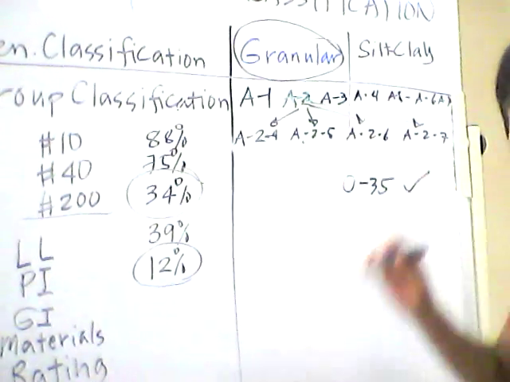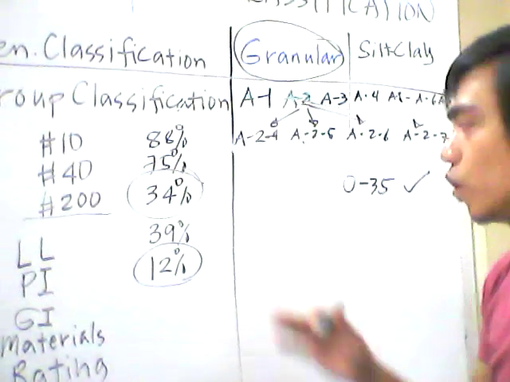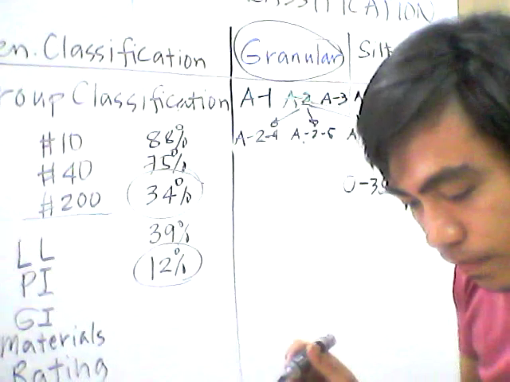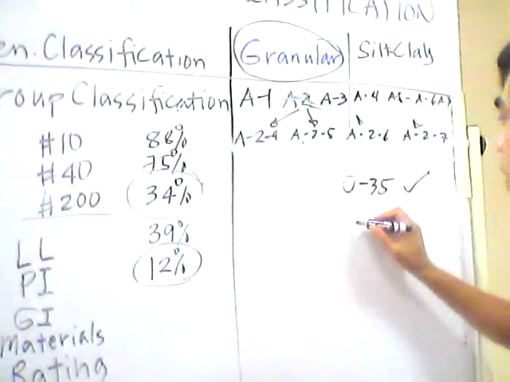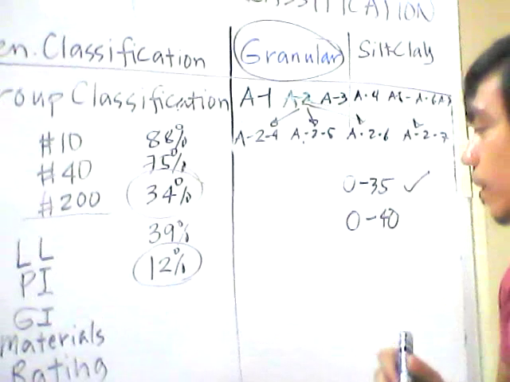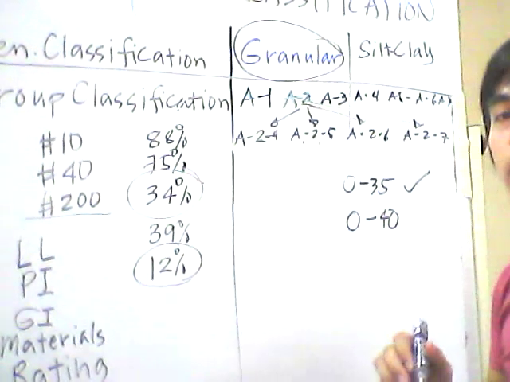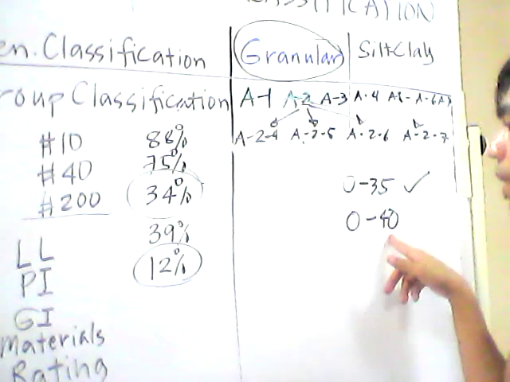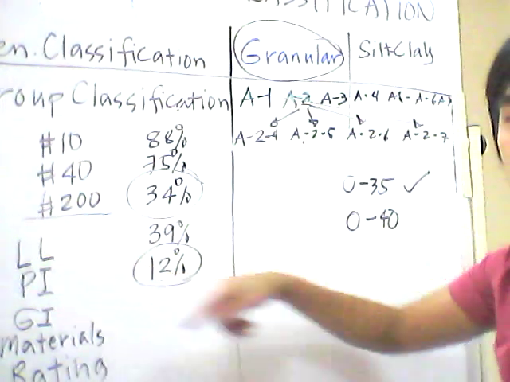This is okay. Going down, checking the liquid limit requirement, we have A-2-6, 0 to 40. Okay, so from the table, A-2-6 has a limit of 40% for LL.